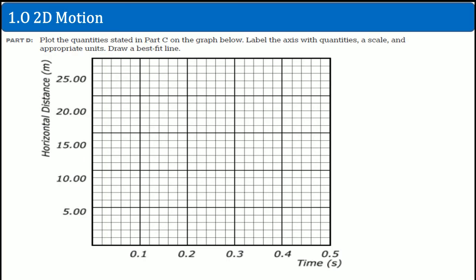Please understand that if your graph looks like this, let's say your scale was from 1 to 25. No, this is like 5, and this is 10, 15, 20, and 25 is up here. Do you see how it will look something like this?